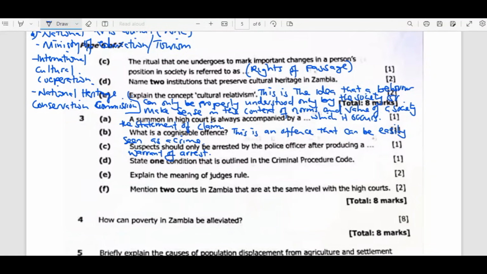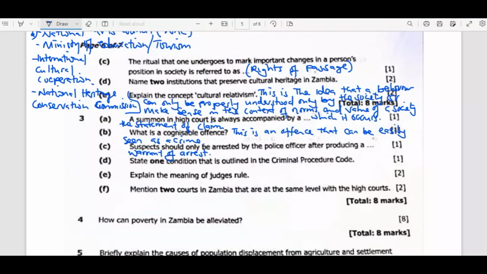And then state one condition that is outlined in the criminal procedure code. So you find that the criminal procedure code states that once a person is arrested without a warrant, he or she should be brought before the competent court within 24 hours, as soon as reasonable.